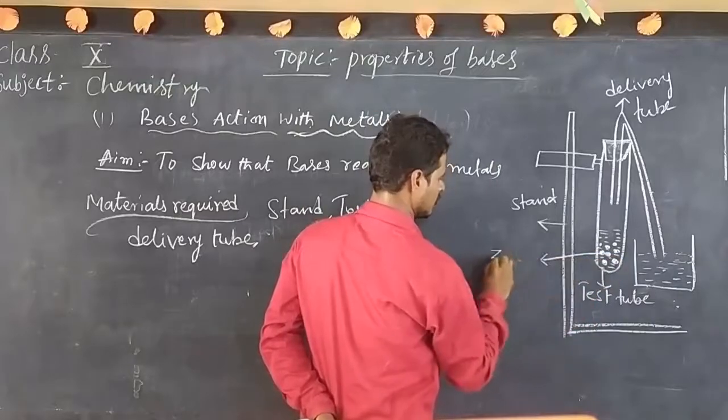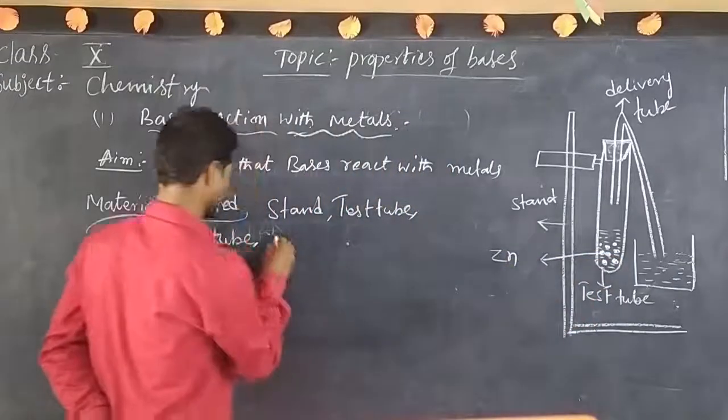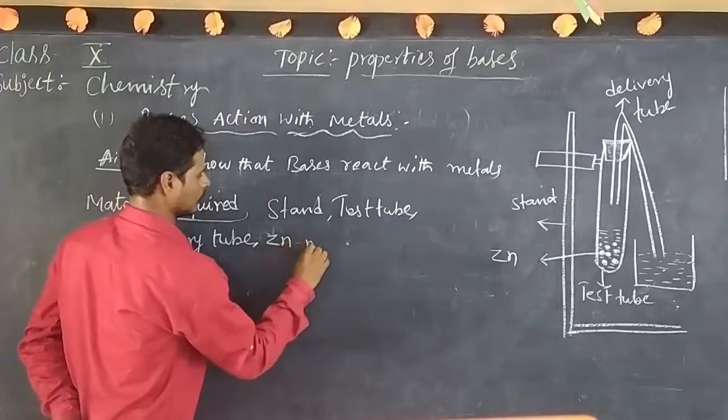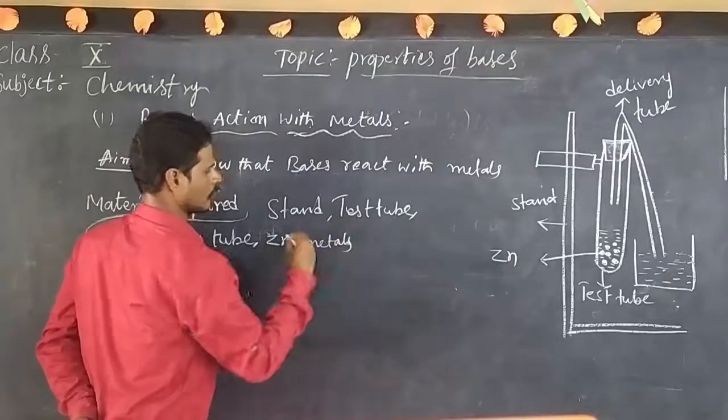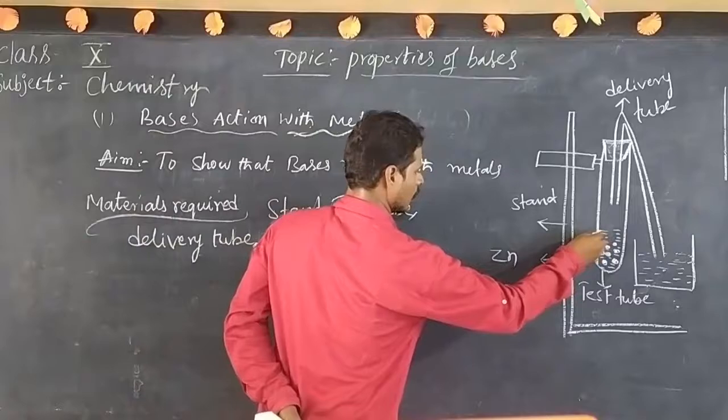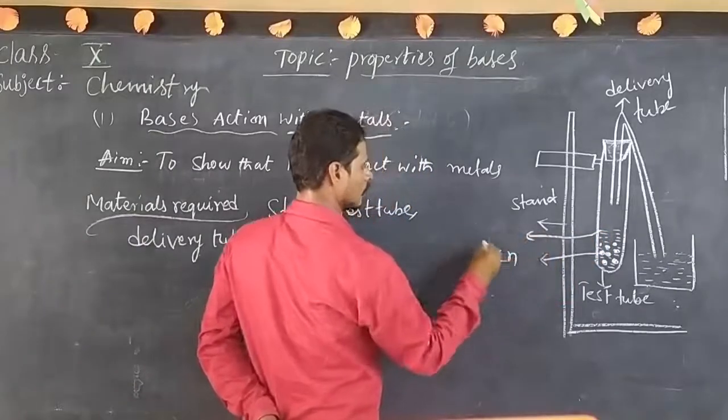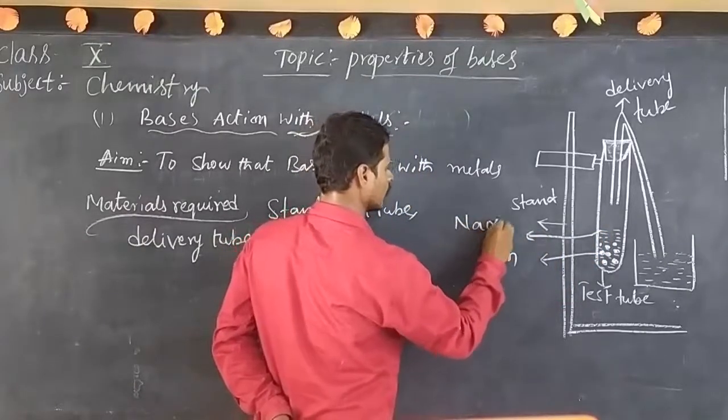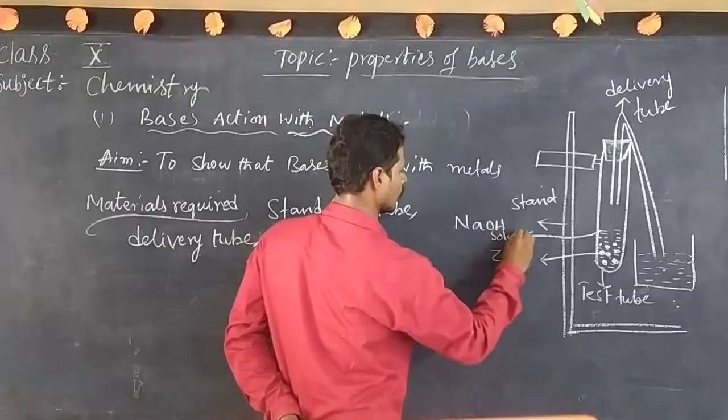This bronze-colored one is zinc metal. This is a base solution, suppose sodium hydroxide solution.